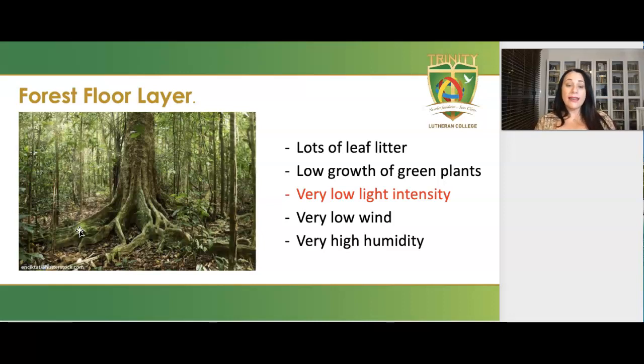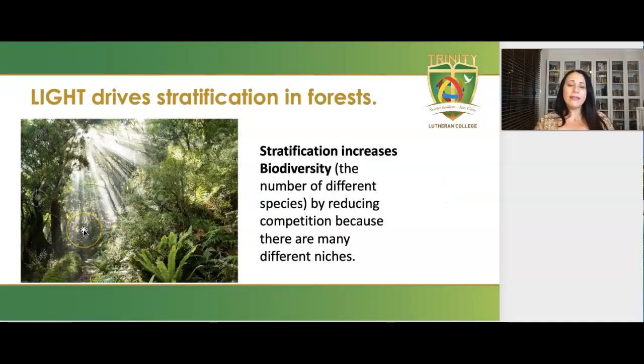So, for instance, lightning might strike a tree up in the canopy and it falls, leaving a gap in the canopy above. So sunlight will trickle down, hit the forest floor, and it will trigger a lot of those seeds to germinate and start growing. And they'll keep growing and growing all the way up to that canopy until they fill up the gap in the canopy again. So it is light that drives stratification in forests.